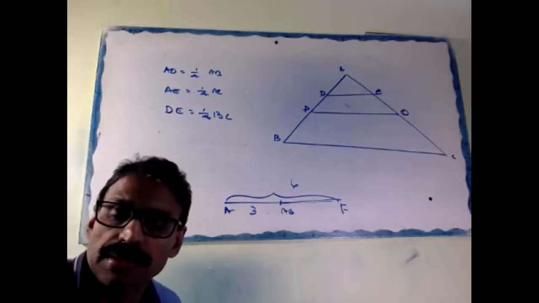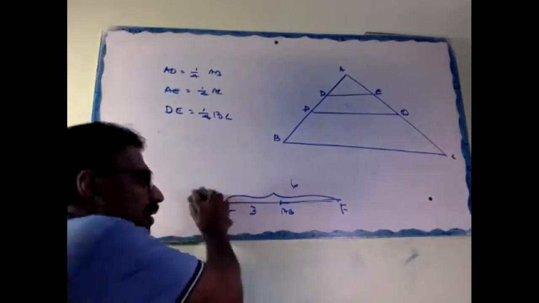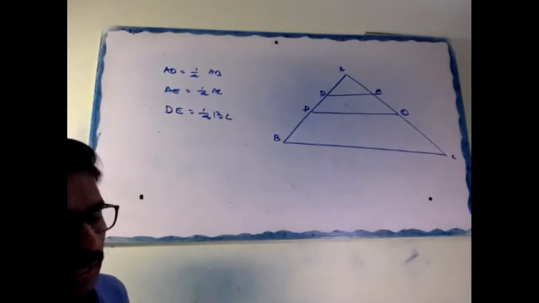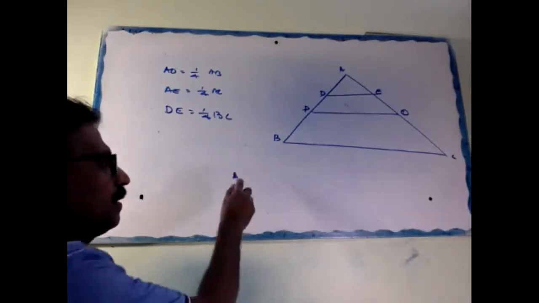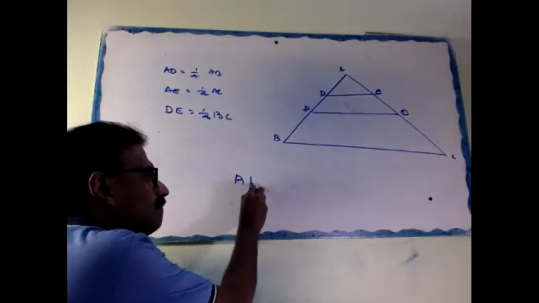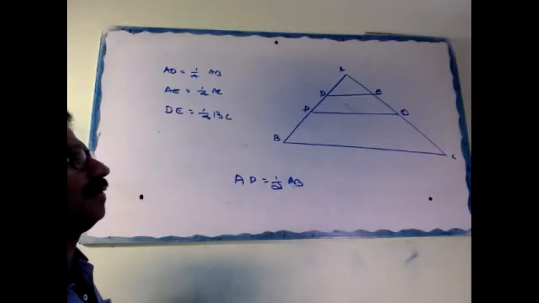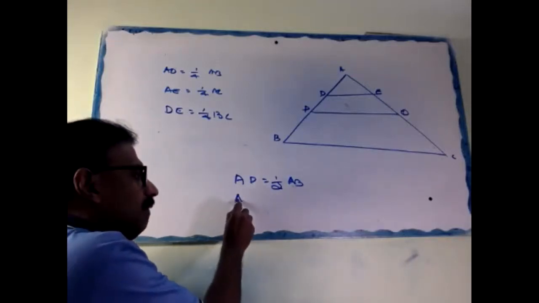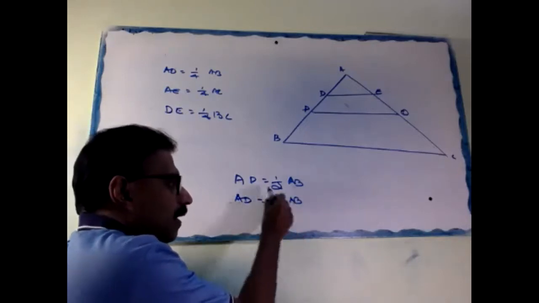Okay. Now look here. Listen now, my question. AP is half AB. AP equal to half AB. AD equal to quarter AB, given.